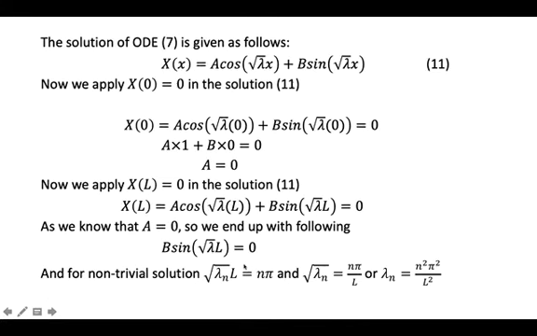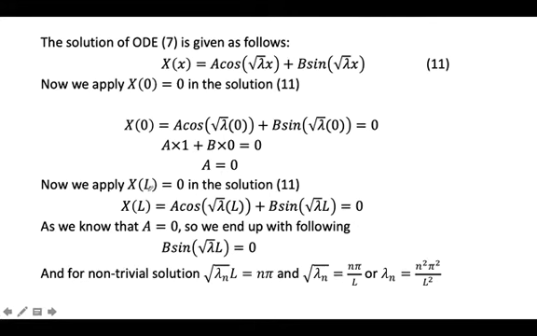What we need to focus on is the boundary condition that we have obtained, X(0) is equal to 0, and here we substitute X(0) equal to 0 in the whole solution. Wherever we find x, we put 0 there, and you can see that sine 0 is 0, so b times 0 is 0, and cos 0 gives the value 1, so a is equal to 0.